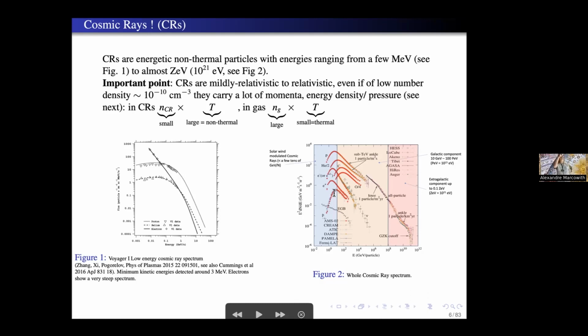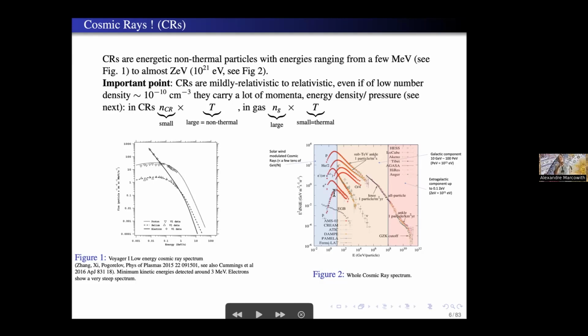Then you have mainly two parts, above and below about 10 GeV. Below this, you have the solar modulation. Above this, you have cosmic rays, which are mostly coming from our galaxy, up to what we call the knee, and then here you have the ankle at very high energy.